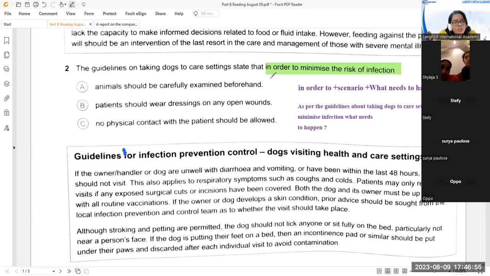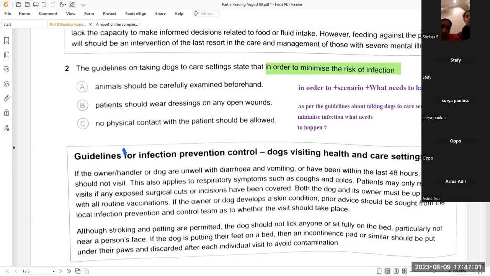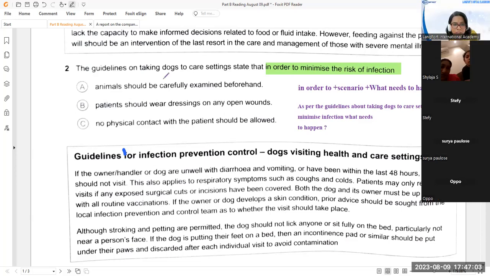Have they told that we need to examine the animals beforehand anywhere? Nothing is mentioned. They told that if the owner or the dog has a skin condition, they need to ask advice beforehand, not carefully examine. Okay, so A is not the answer.